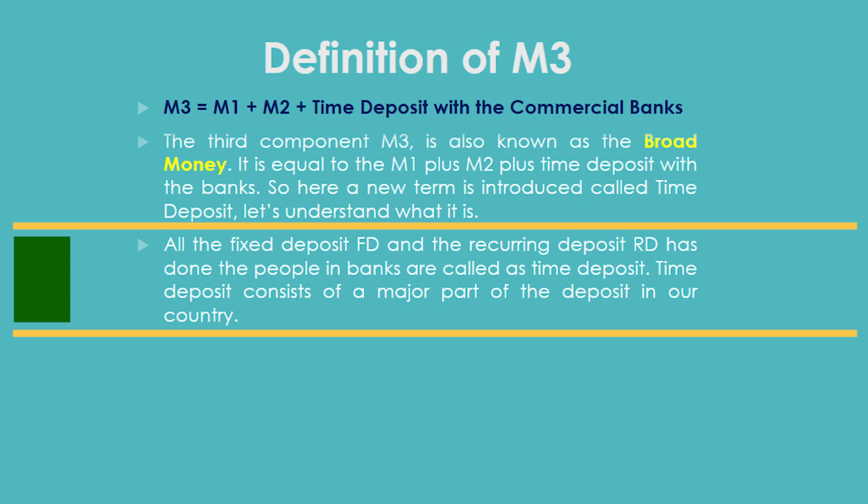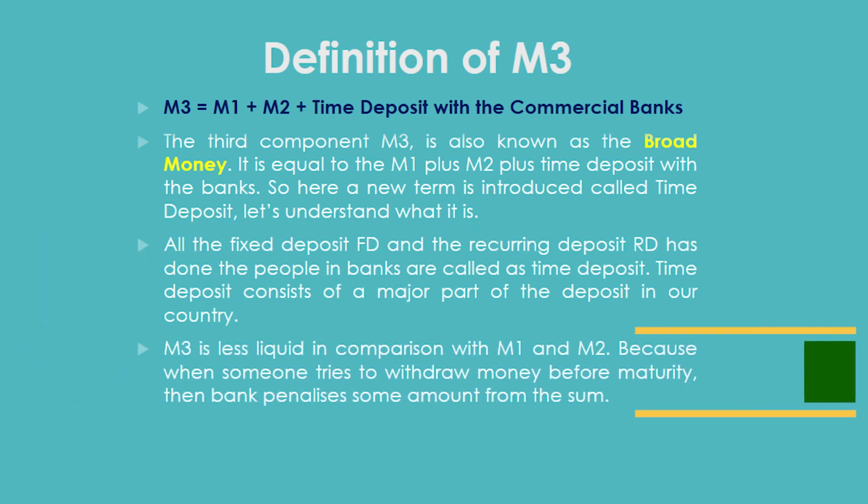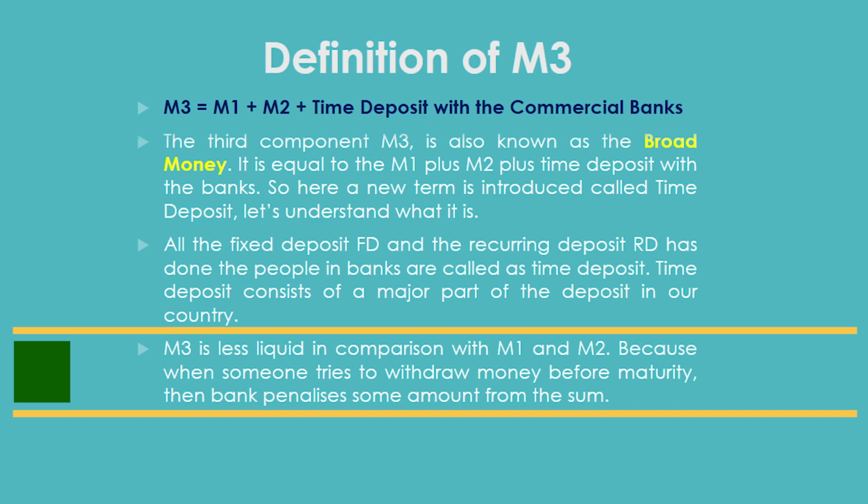So time deposits consist of a major part of our deposits in our country. Now, of course, M3 is also much less liquid in terms of M1 and M2. Because whenever someone wants to withdraw money before maturity, what does the bank do? The bank generally penalizes some amount from the sum.